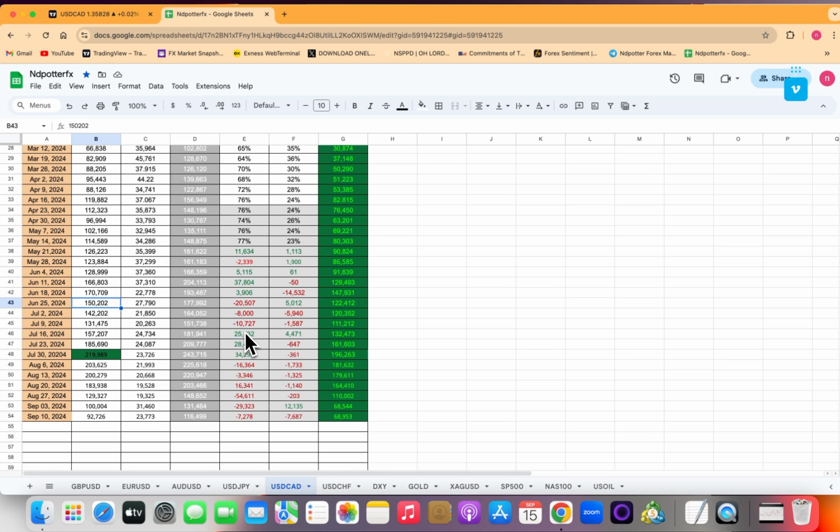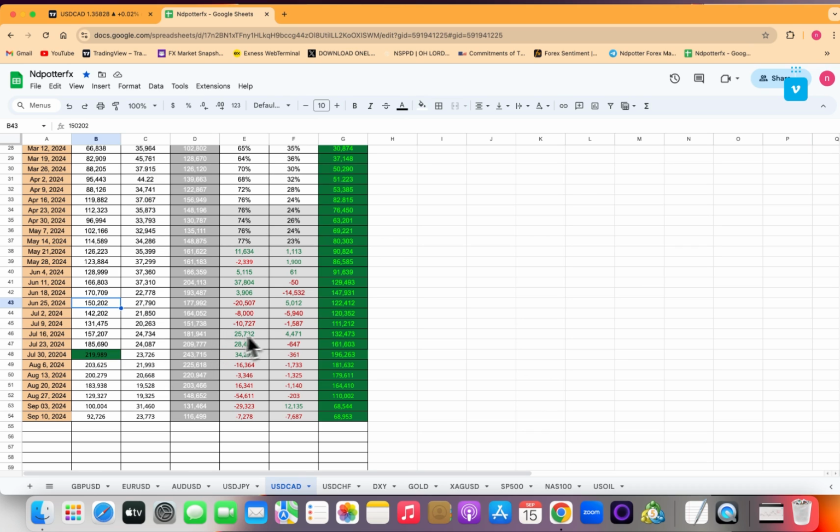But having this information will give you an idea of what is likely going to happen in two to three weeks' time. Because I know that they have maxed out on their long position here and they took profit for three weeks, I know that they have made their intention known on the market.